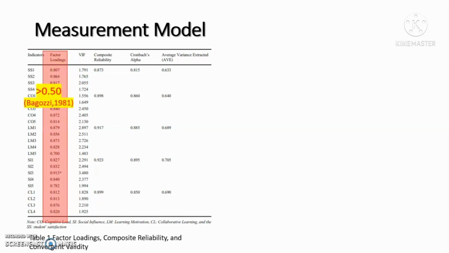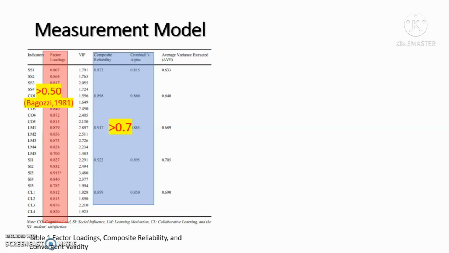If factor loading is bigger than 0.50, then the measurement is valid. So we find out that the factor loadings are bigger than 0.50. Now let's see the composite reliability and Cronbach alpha.